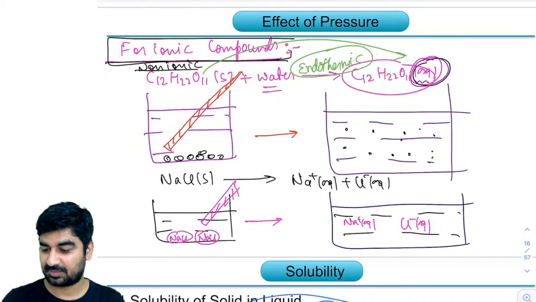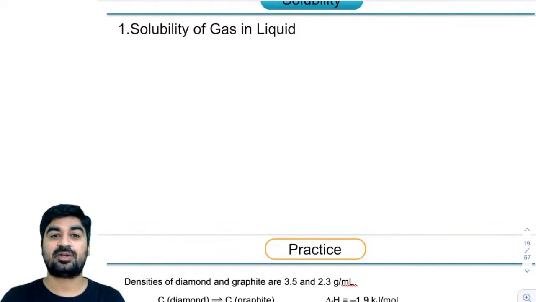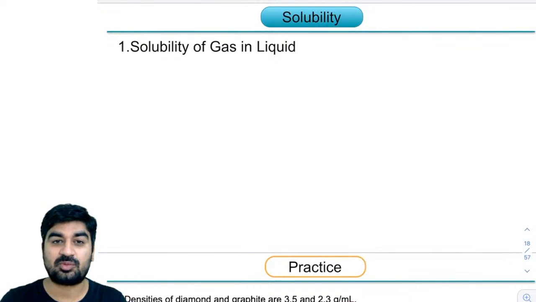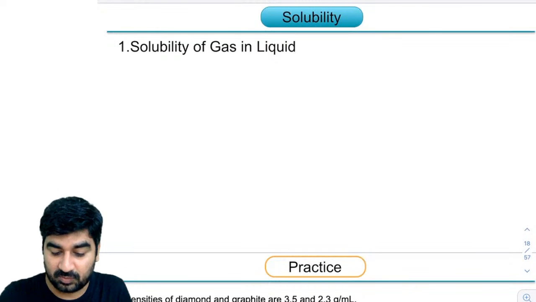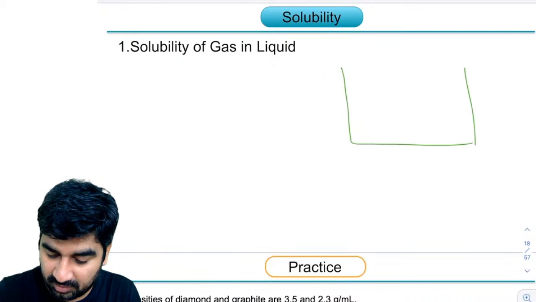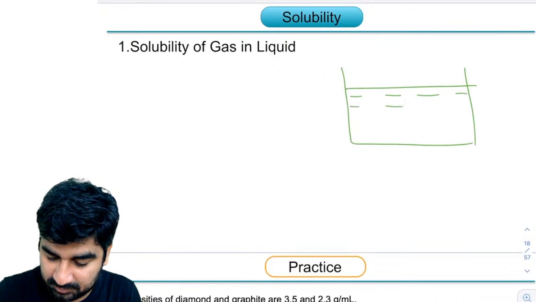Any doubt, guys, please ask. No doubts. So now I'm moving ahead. Solubility of gas in liquid. What do you mean by it? When you are dissolving a gas in a liquid, how will you do that?